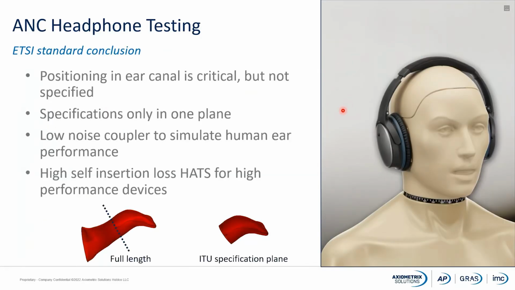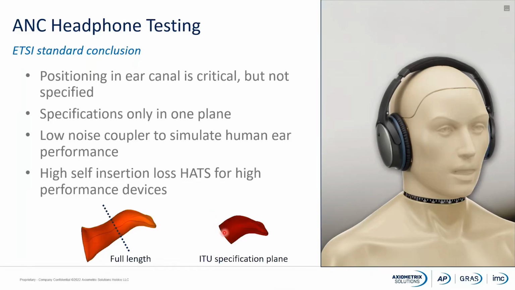So as a summary, we can say that the positioning of the device in the ear canal, for example, when we are talking about in-ear ANC devices, is critical, but it's actually not specified by the ETSI standard. The specifications are related to the ITU TP57, and they are giving only one plane, the reference plane.